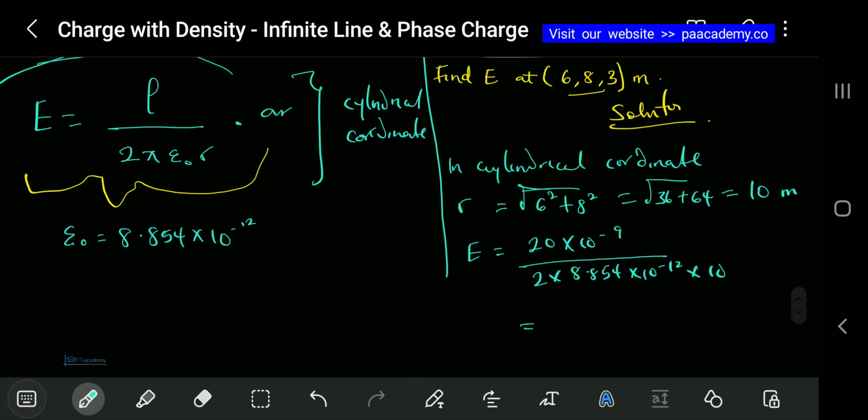If we put this together, we get the answer to be 36 point something. Just add the unit vector, in V per m, and this would be our answer to this question.